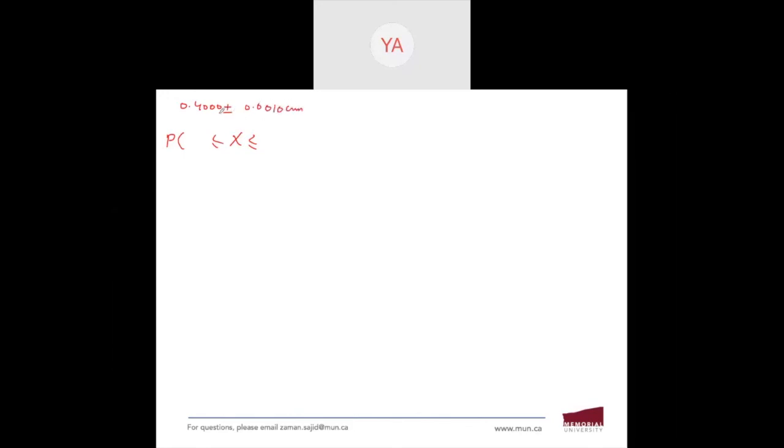So first I subtract this 0.001 from 0.4, I get 0.399, and then I add this value to 0.4, I get 0.401. This is the same as finding your values at 0.401 minus, oh sorry, this should be subtracted.